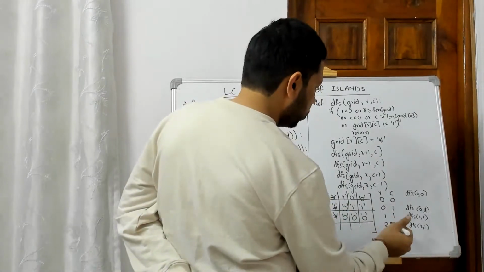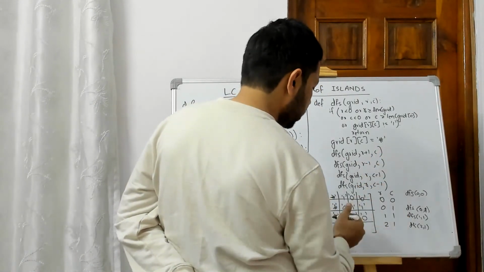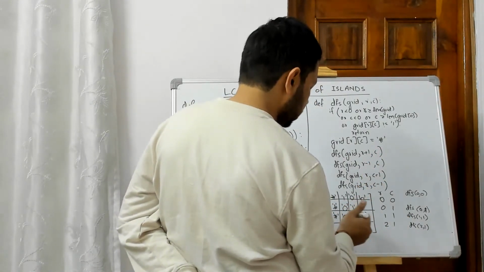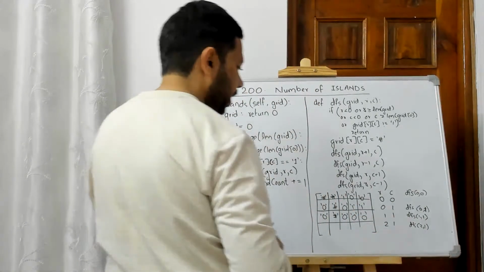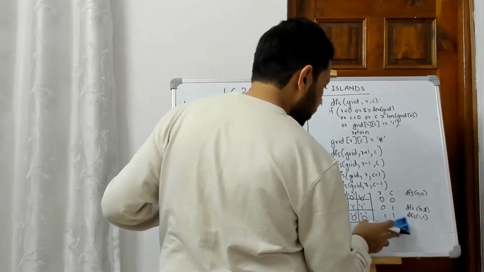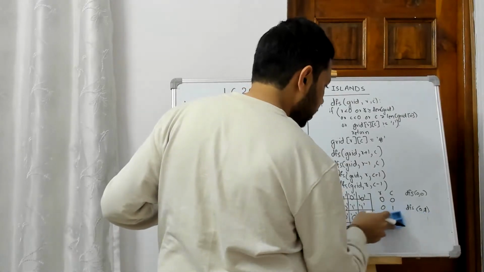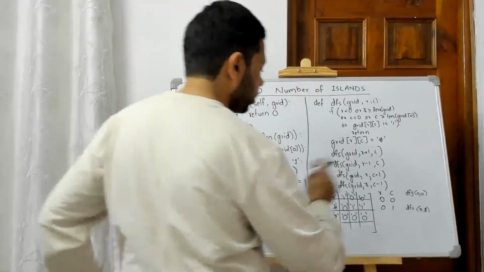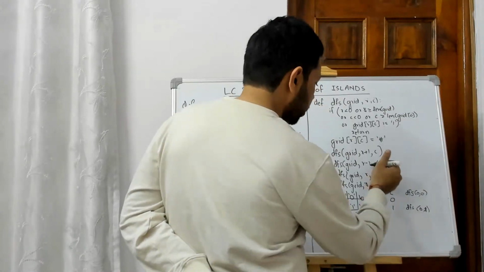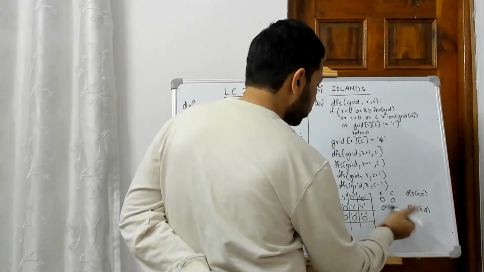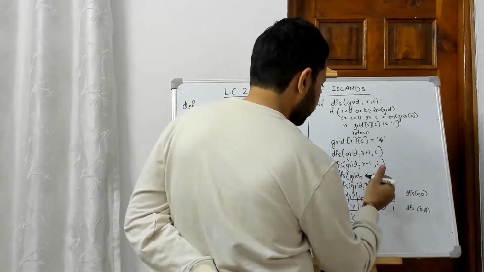Then once you are at 2 comma 1, all the other calls will return because both sides there is water. So you will come back from this. You have marked these two as hash. Similarly, you will come back from this. You'll mark it as hash, and then you will do R minus 1, C for 0 comma 1, which is going to give you R is equal to minus 1, which is also going to return.